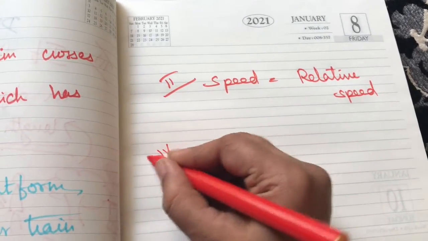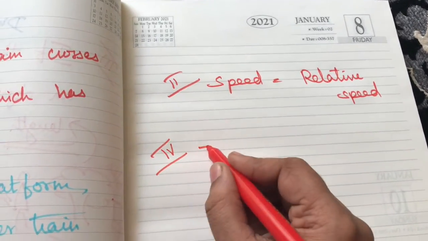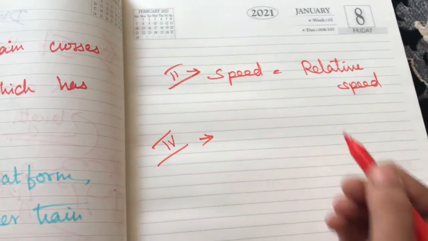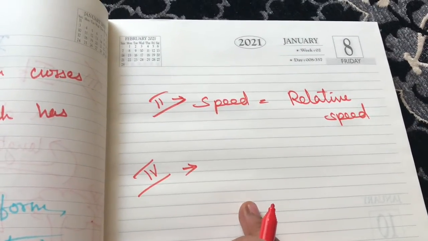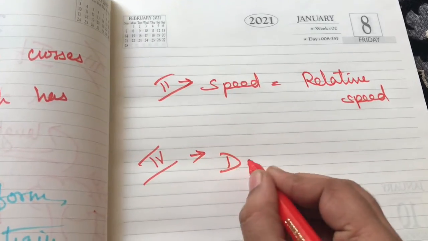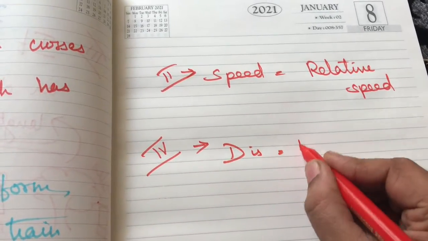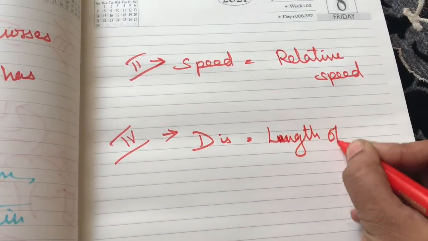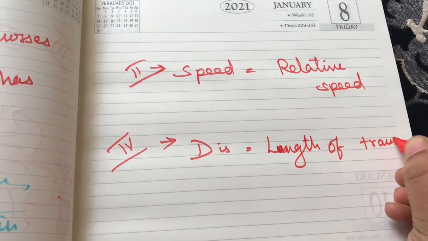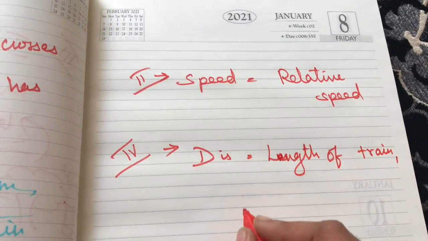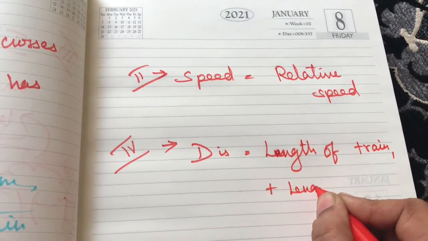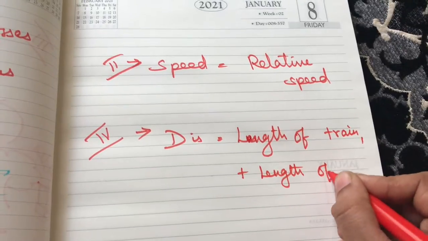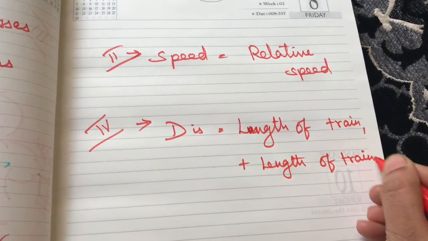Okay, what will be the fourth condition? This fourth case is nothing but distance equal to length of train 1 plus length of train 2.